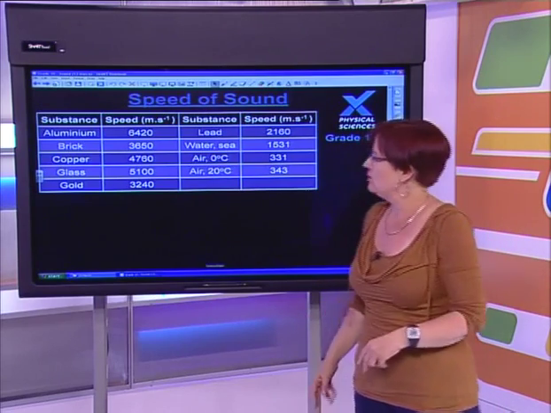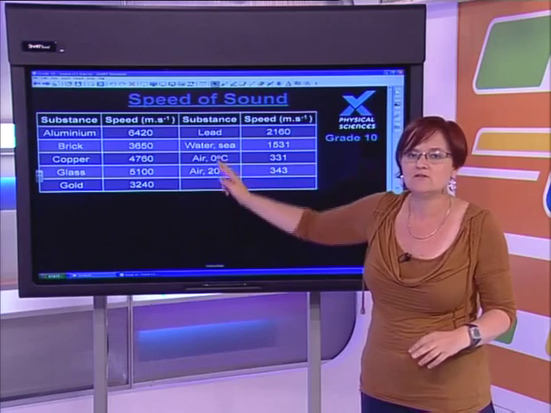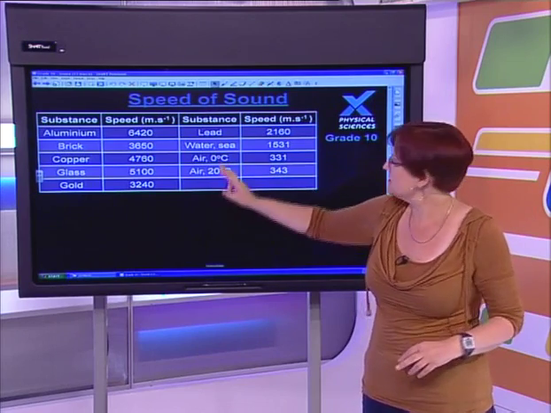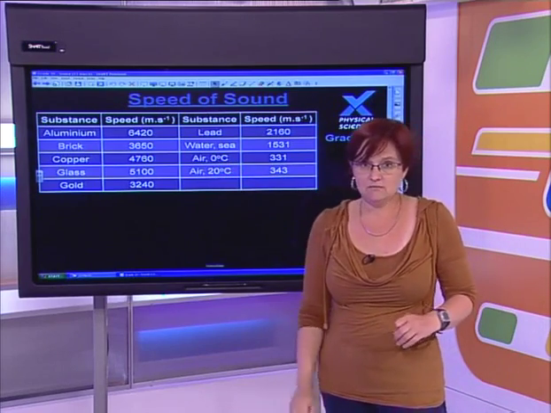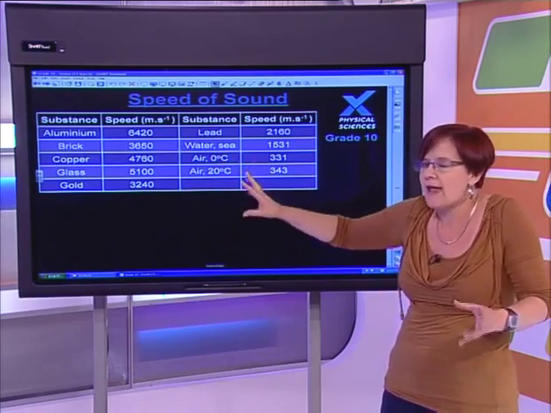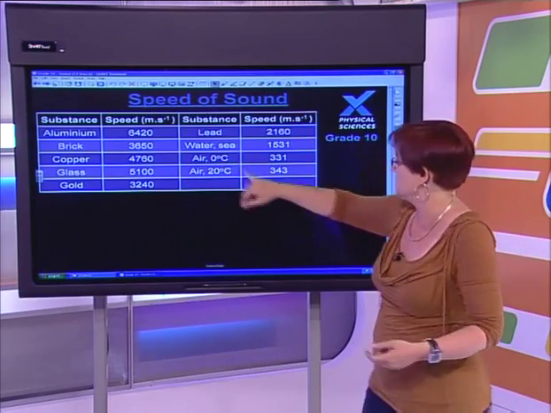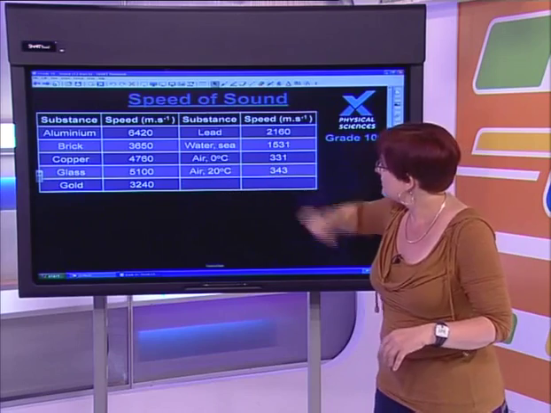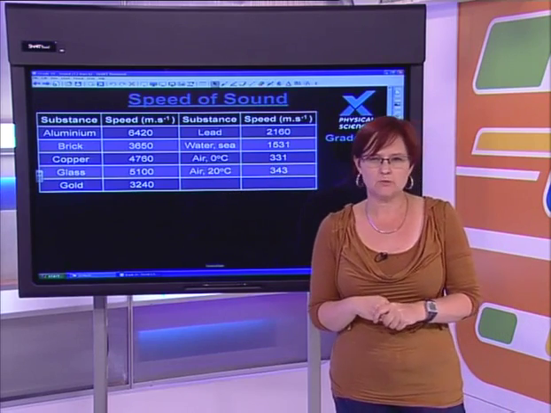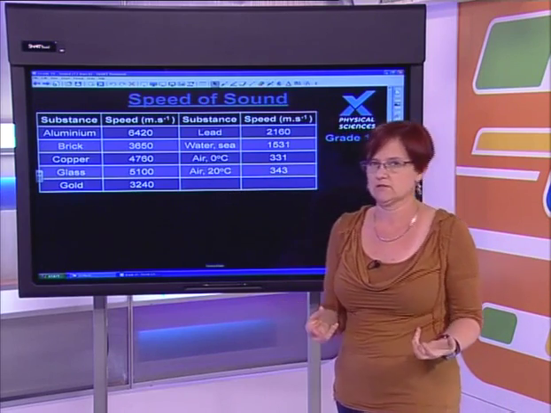The second thing we can see here is that it's dependent on temperature. In hot air, 20 degrees, which isn't really that warm, but compared to 0 it's very hot, the speed changes by 12 meters per second. That's very significant.